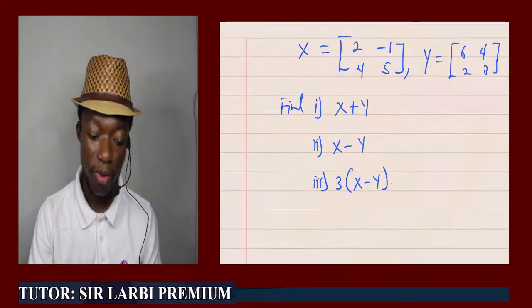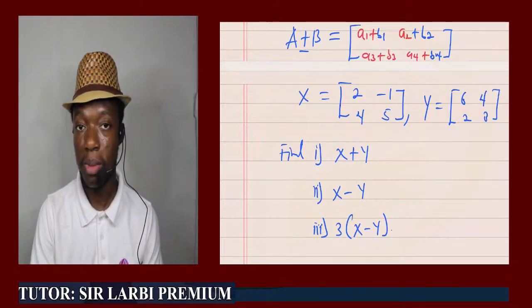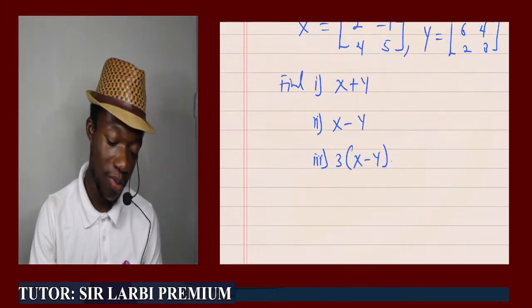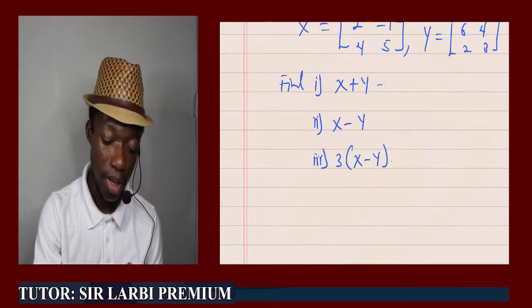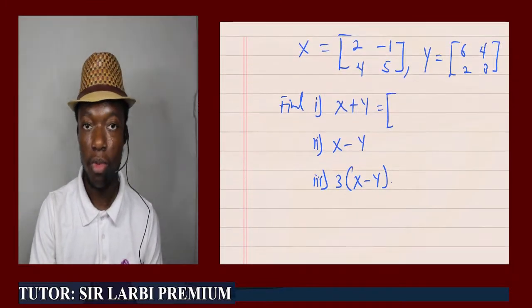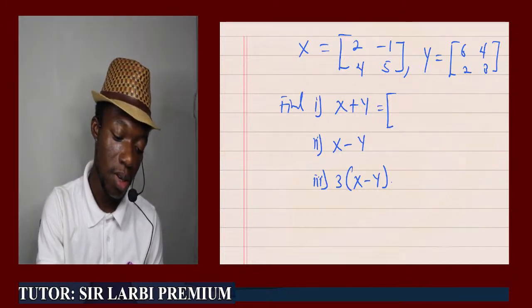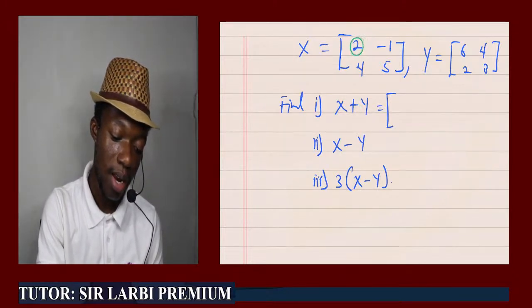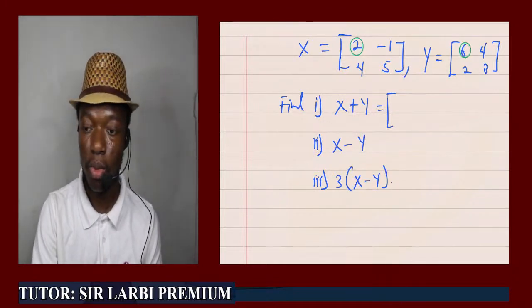Very simple, straightforward, because we have discussed this already. So here we're going to add or subtract corresponding elements. So what do we do? I can straight up answer it here. So let me build up my matrix. I'm going to add them without repeating the numbers again. So I'll be adding 2 with 6.